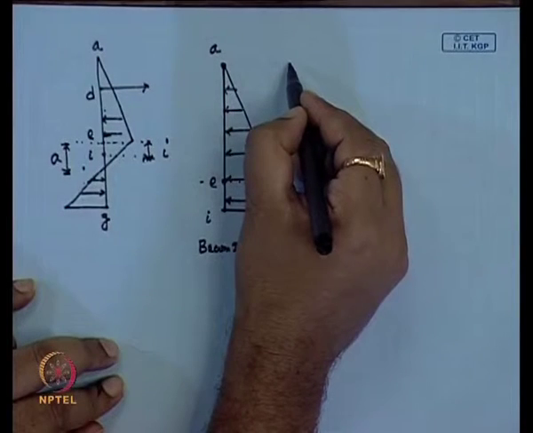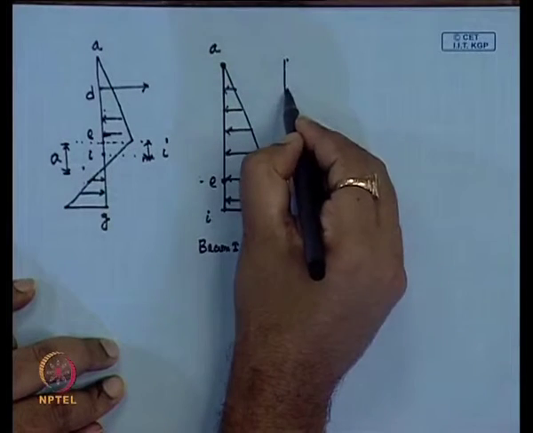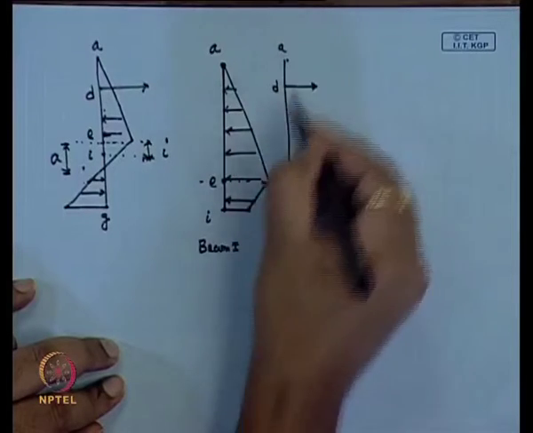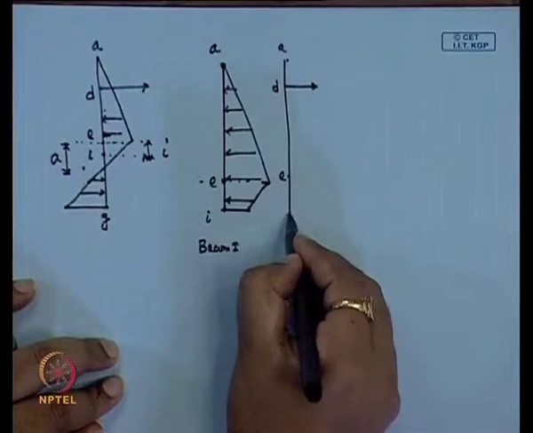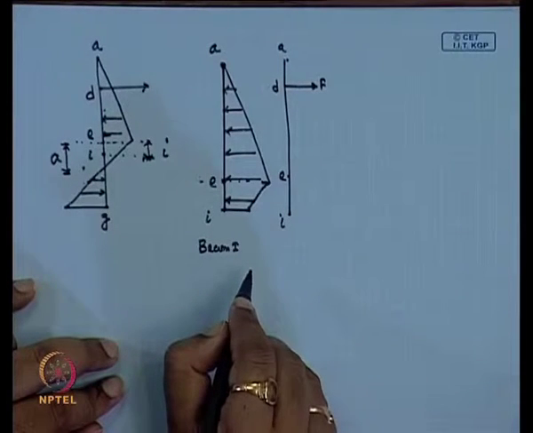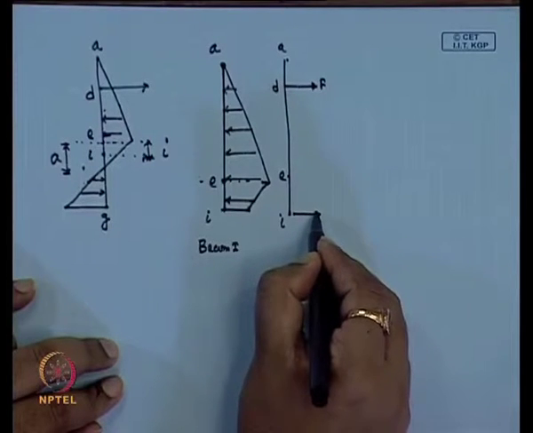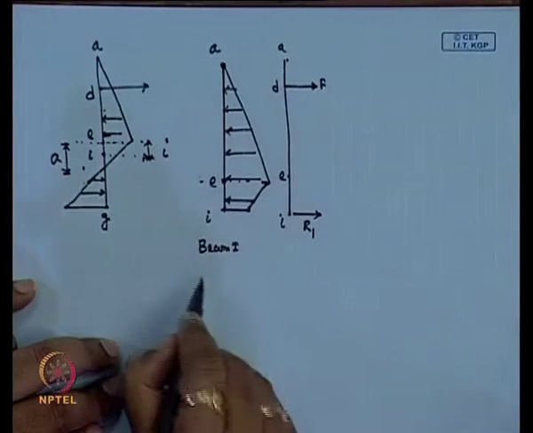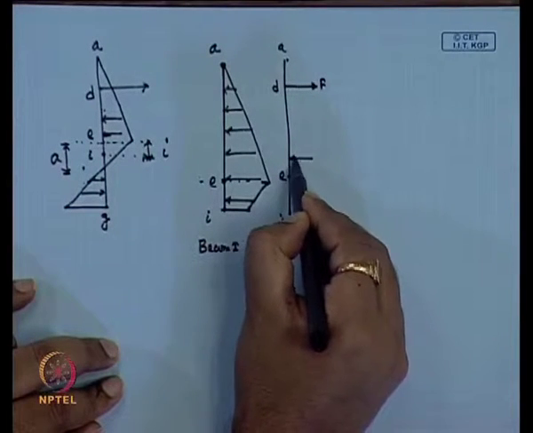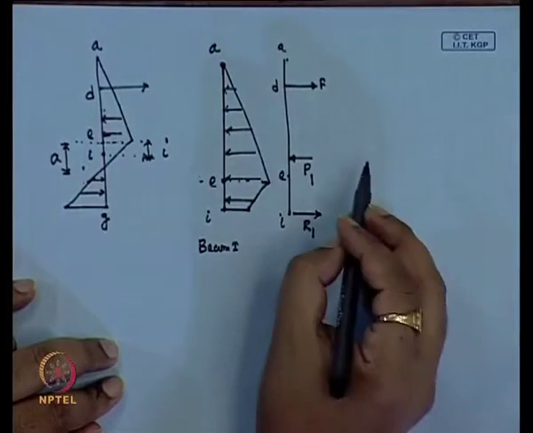And what are the forces acting here? One is the force F acting at the D point. This is A, this is E, this is I. So, this is F. Then the reaction force R1 is acting here, then the force due to this pressure is acting here, this is P1.